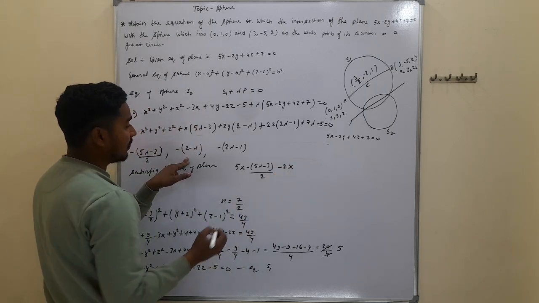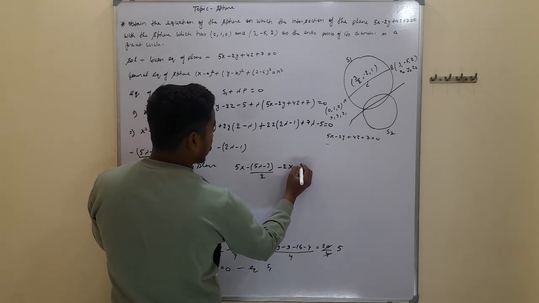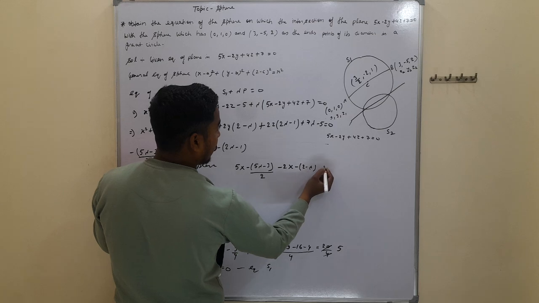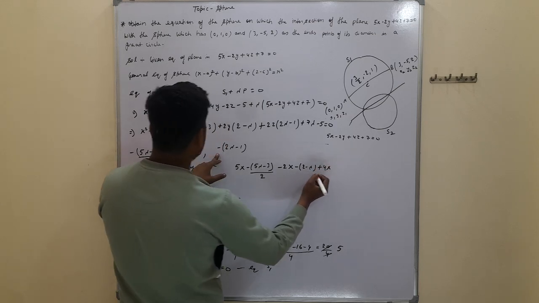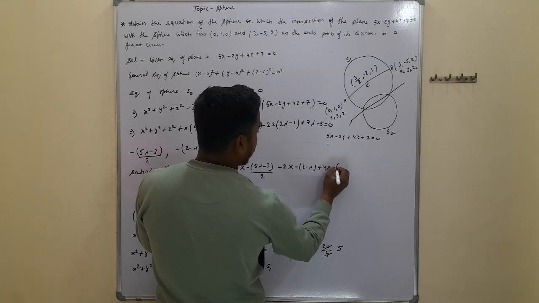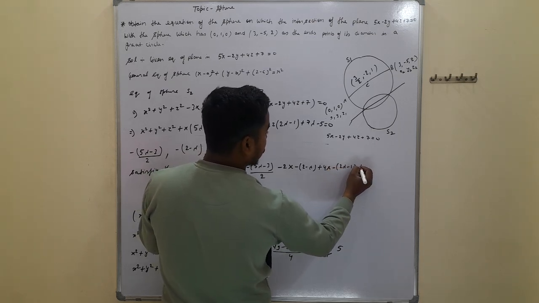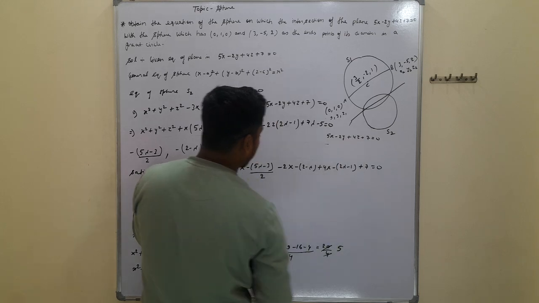In place of y we have to put minus (2 minus lambda), and plus 4z. Here we have to put minus (2 lambda minus 1), and plus 7 is equal to 0.